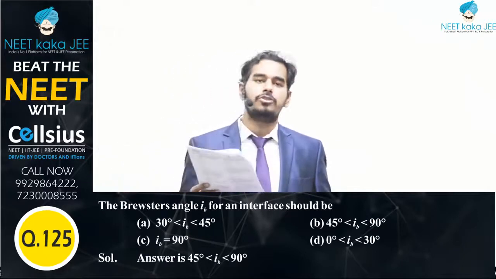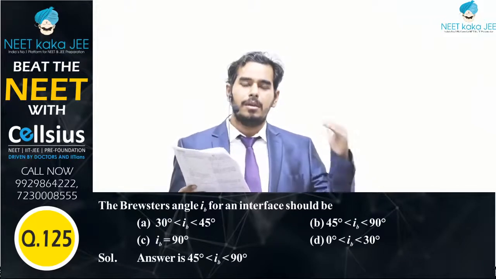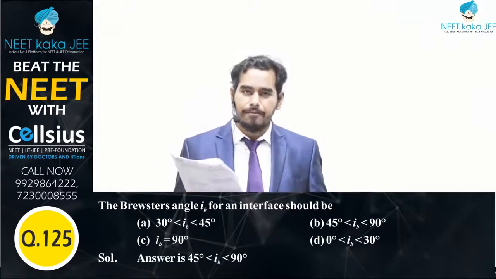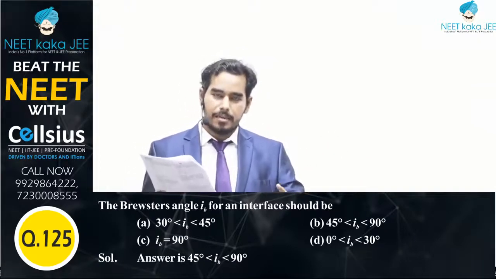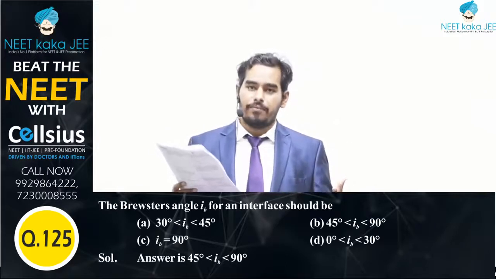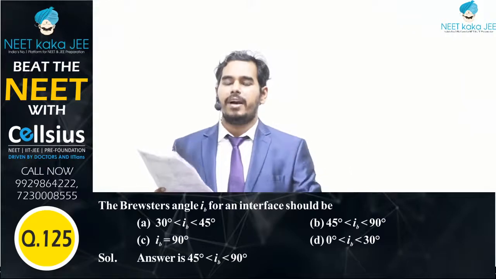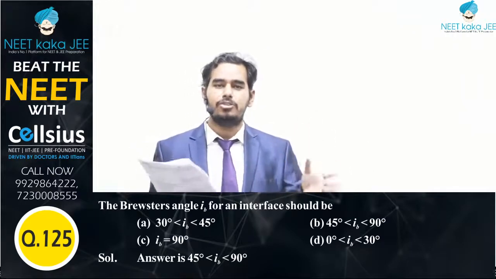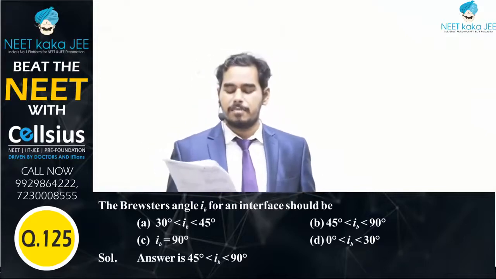This Brewster's angle is going to lie in between 45 degrees and 90 degrees. Okay, because the second surface would obviously have a refractive index greater than air, and it will not have refractive index more than infinite. So because it is lying in between 1 and infinite, so in between tan 45 and tan 90, it is in between 45 degrees and 90 degrees. So this is what our answer must be.